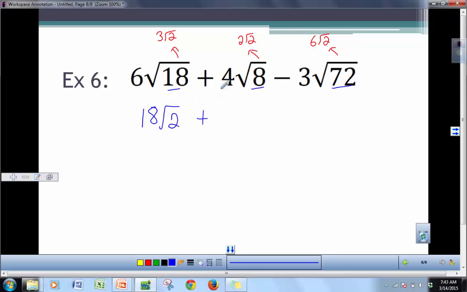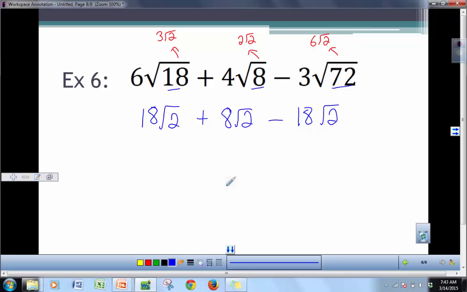Okay, we're taking the 4 from the outside, multiplying it by the 2 root 2. 4 times 2 is 8. So 4 root 8 is actually the same thing as 8 root 2. Okay, in this case, we're going to do 6 times 3. So 3 root 72 is the same thing as 18 root 2.